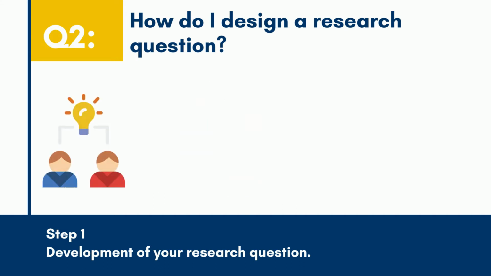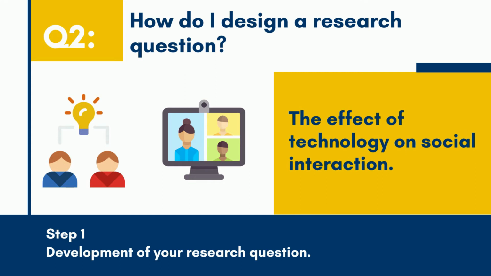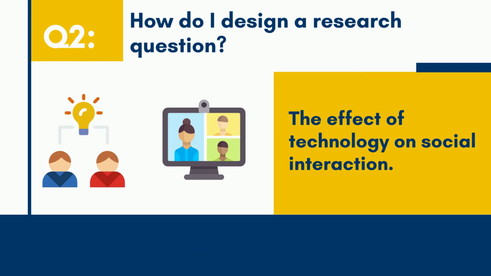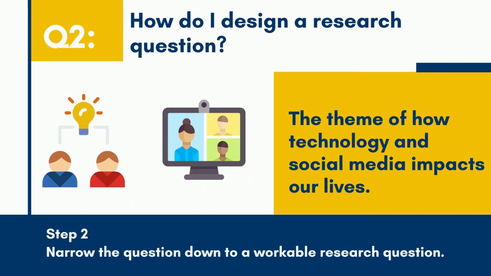In the theme Human Ingenuity, you may have become more aware of the effect of technology on social interaction. So, you would be interested in writing an EE on the theme of how technology and social media impacts our lives. This, however, is too broad, and so it will need to be narrowed down to produce a workable research question with a clear focus that can be successfully answered within 4,000 words.